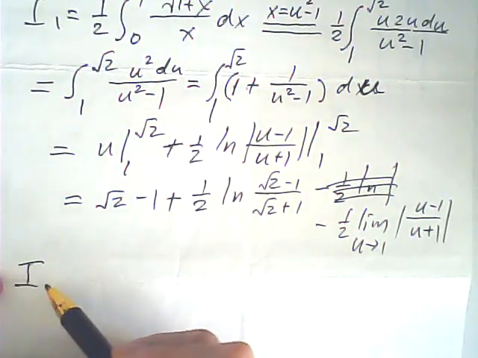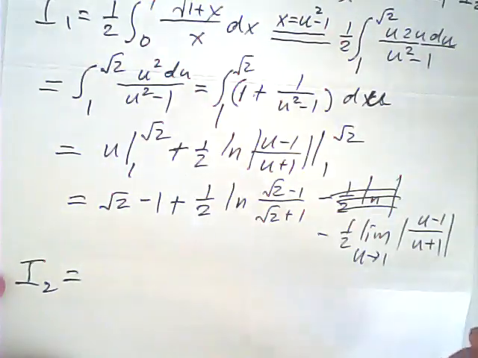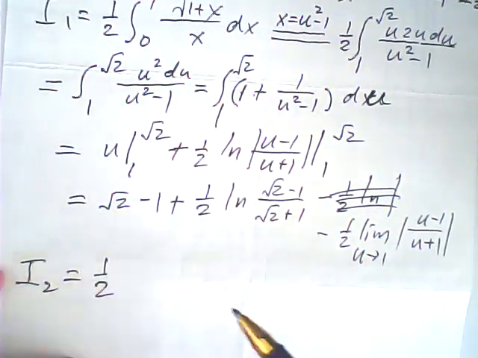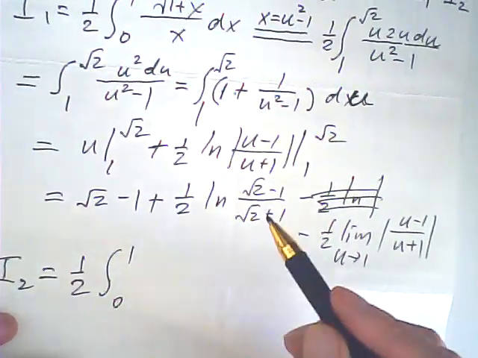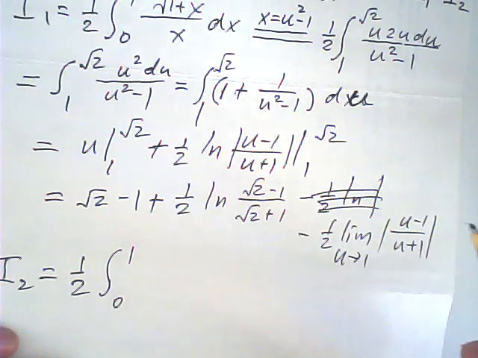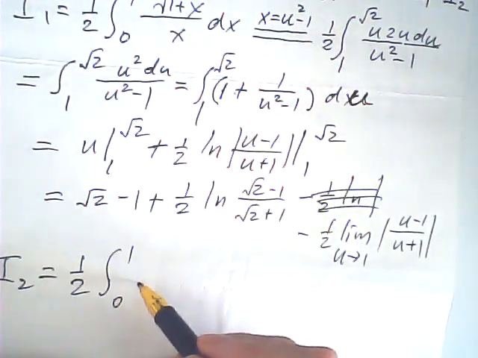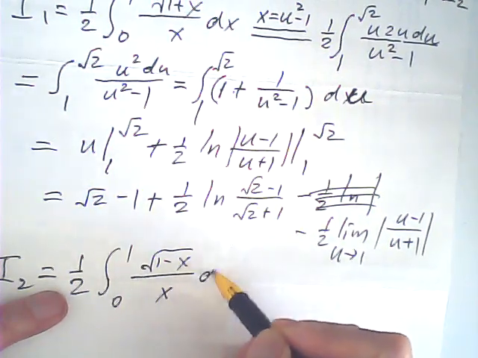Now let's do the I2. I2 is this. I2 is 1/2 integral from 0 to 1. This is just x times the square root of 1 minus x dx.